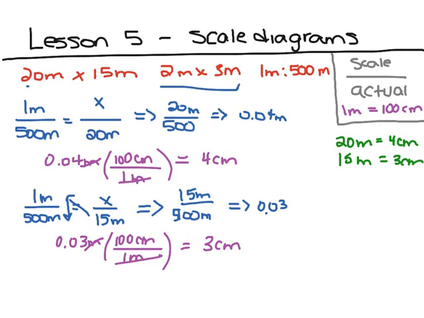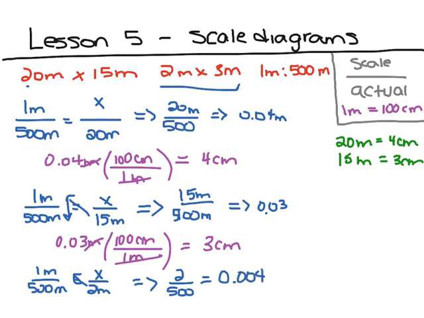Now we only have 2 left. We want to find the bed. So 1 meter over 500 meters is equal to x over 2 meters. Cross multiply, 2 times 1 is 2, divided by 500, and we should get 0.004 meters.